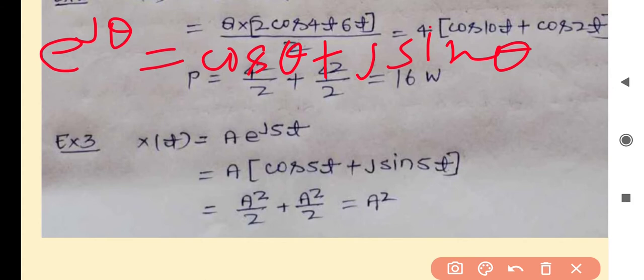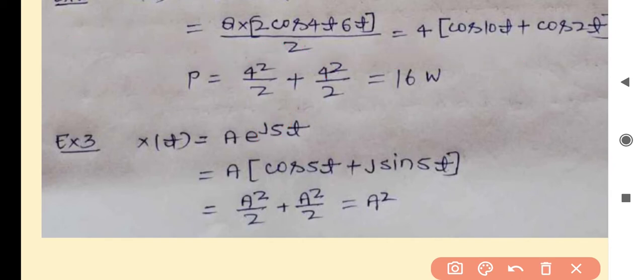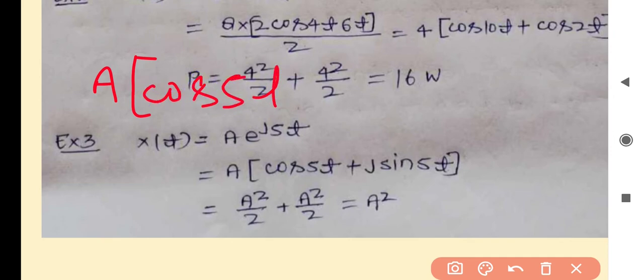Here instead of theta, 5t is written. So I will write it as a into, in place of e to the power j5t, cos 5t plus j sin 5t.